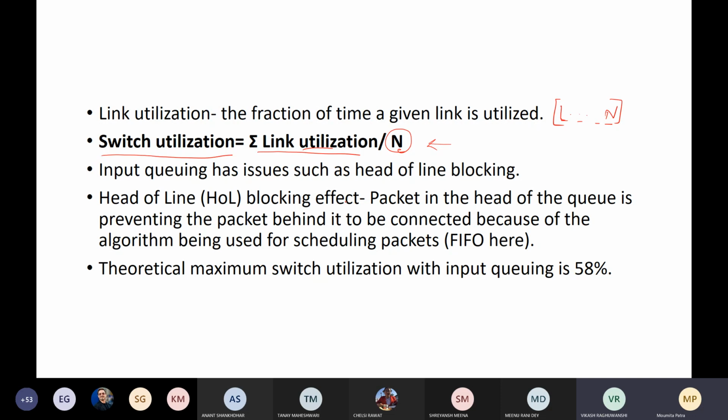So this is just a starter for you to understand how we can do an analysis in the network.